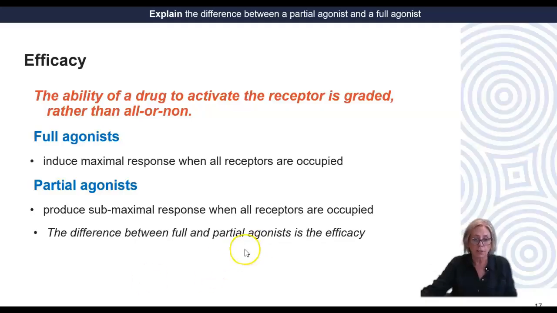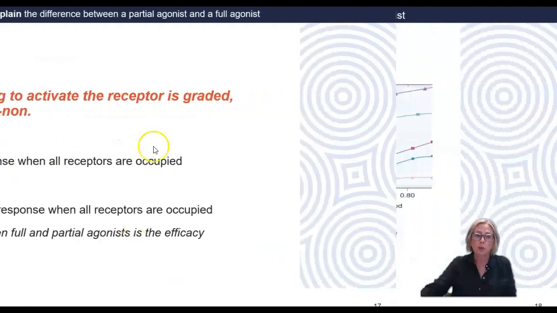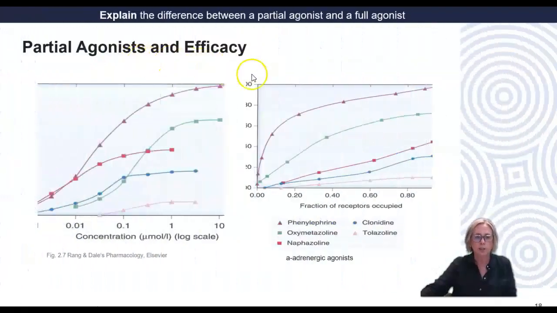So the difference between the full and the partial agonists is the efficacy. And if we look at these partial agonists and efficacy here, what we're looking at are 5 different alpha adrenergic agonists. You don't need to know the names of these drugs, but you can see the purple one is phenylephrine, which is the full agonist.